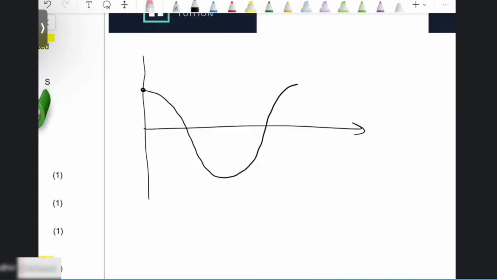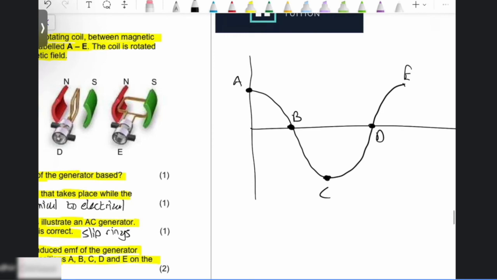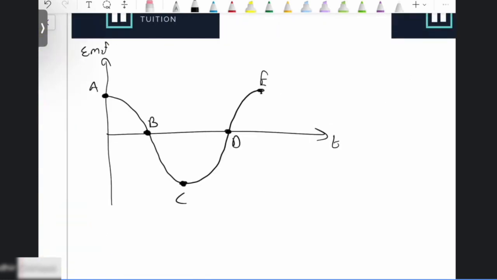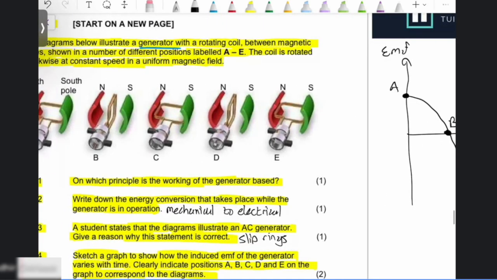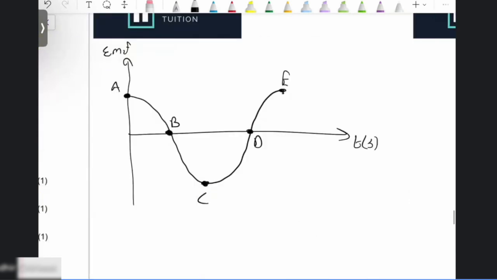So this is maximum position at A. B is where it's perpendicular, and that's the zero. Then a maximum, but in the negative version, so it's at the bottom. That's D, and then here that's E, and that's it. That's what it should look like, guys. Done. Obviously, I should put that this is EMF, and this is time. They don't say in seconds, but it's normally in seconds, so I'll just put seconds.